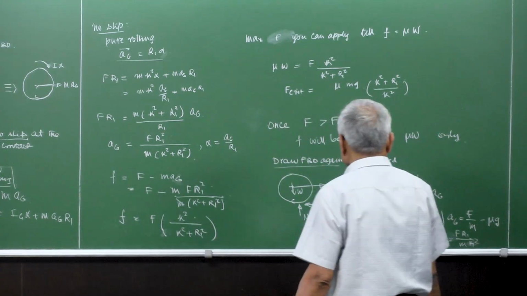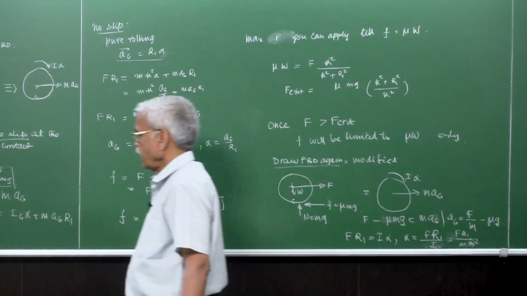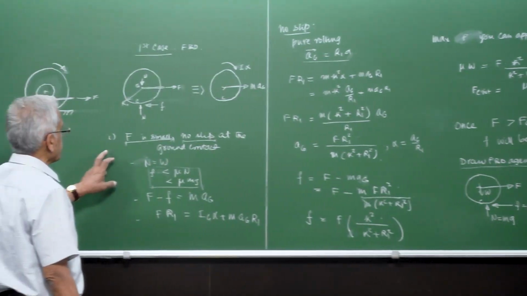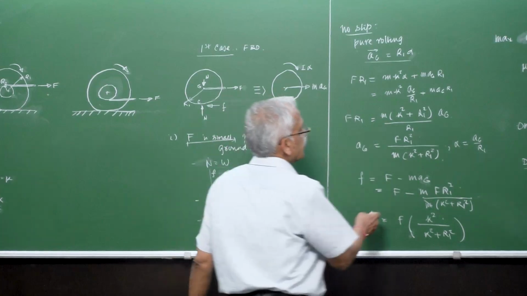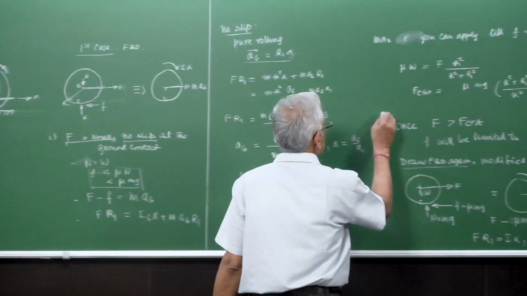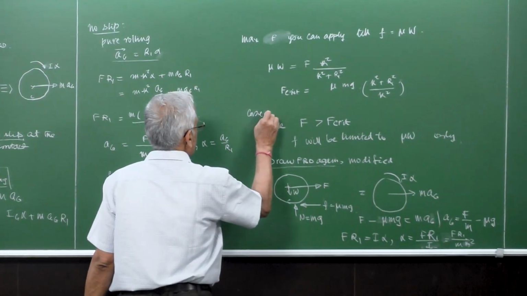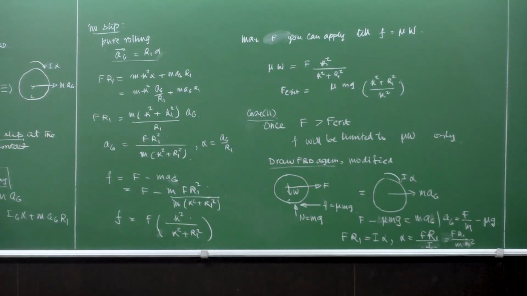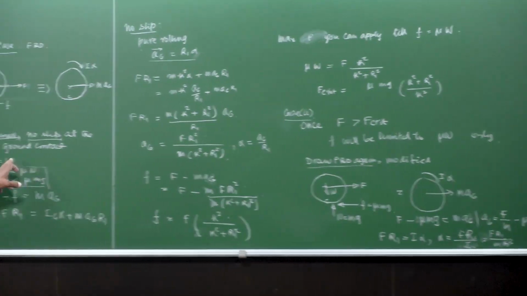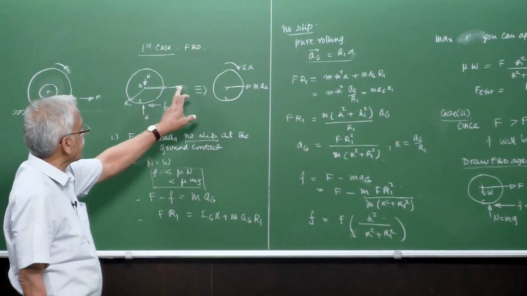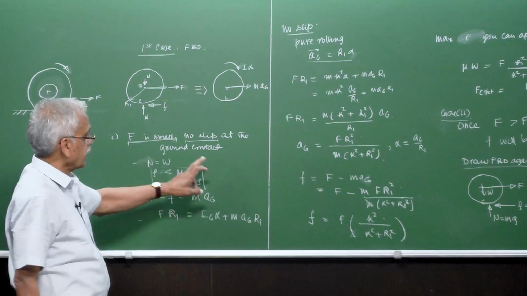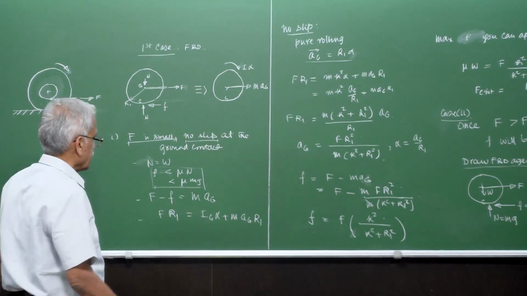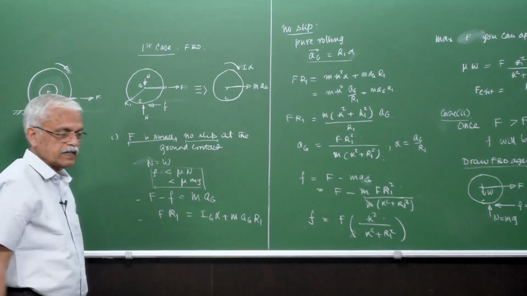So this is an interesting case, and there are two cases. So in case 1, we are assuming that there is no slip, the applied force F is a little small. That's the assumption. And how small is that? That's what we evaluate later.